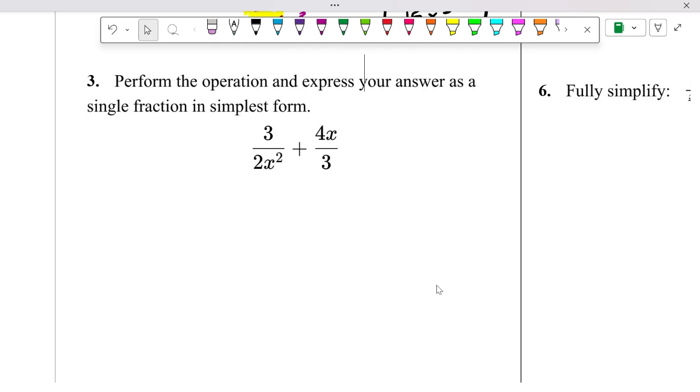Nine plus the index. Q over 6x squared. All right, 9 plus 8.